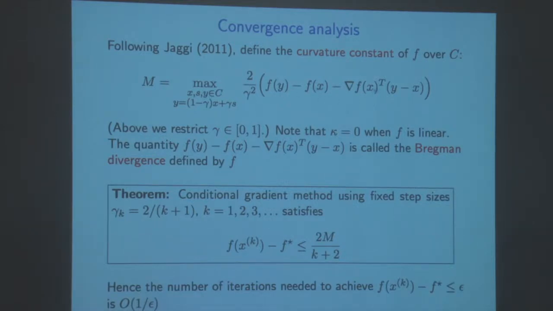Basically, the maximum difference along that line segment, scaled by 2 over gamma squared, where gamma is this. This scaling is for a reason. It makes the curvature constant scale well in the proof, but it really depends critically on this quantity.